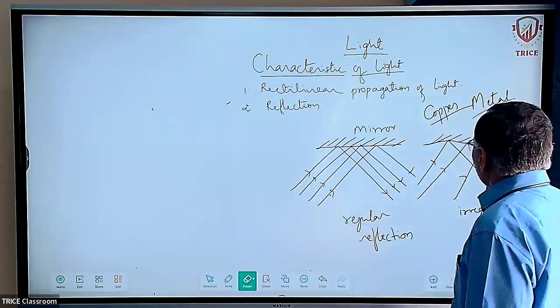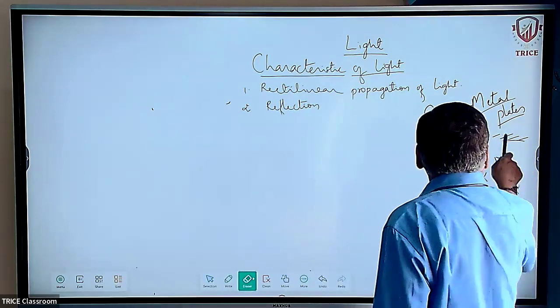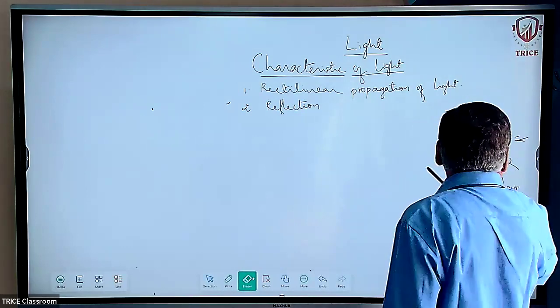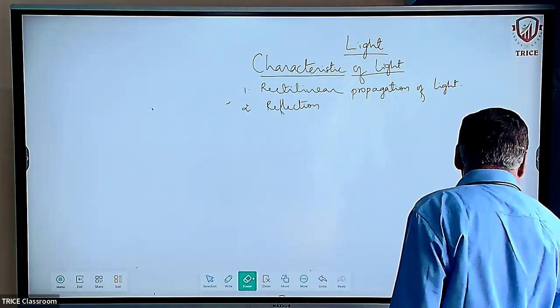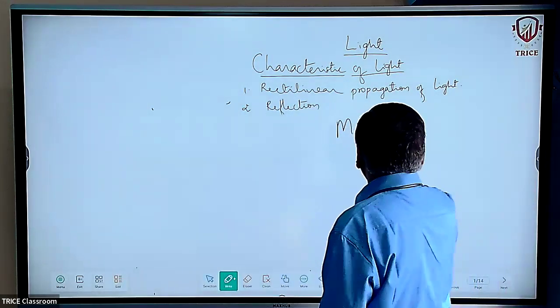Now, reflection takes place from two types of mirrors. Mirrors are of two types.